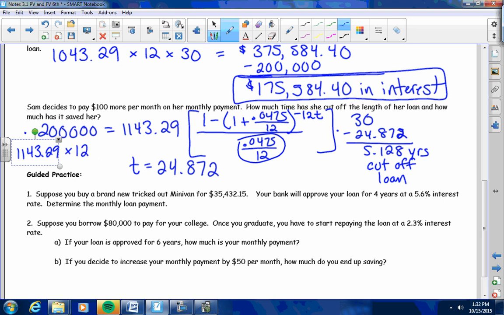She paid that for every month, 12 months, but how many years did it take her? 24.872. So calculate that, 1143.29 times 12 times 24.872, and that is 341,230.91.